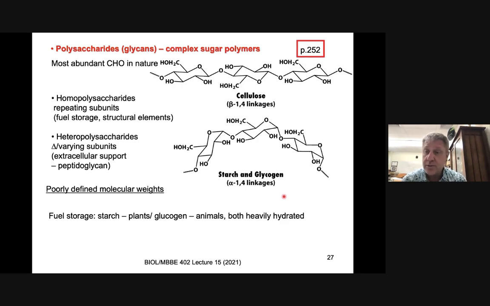And we actually use these to our advantage in regards to producing very complex homopolysaccharides, which then have this capacity to be storage elements in starch. That's for plants, glycogen's for us. And the interesting thing is they're very heavily hydrated. So again, a lot of hydrogen bonds occurring in regards to basically stabilizing the individual structures.